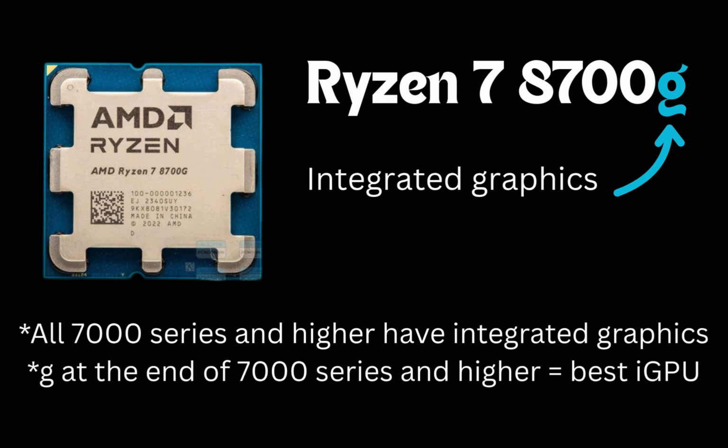But here's a little note. Ryzen 7 series and higher all have integrated graphics, but APUs, like the Ryzen 7 8700G, have an iGPU that is better than all of the others. But for Ryzen 5 series and older, they don't have iGPUs, except for the ones with G at the end.